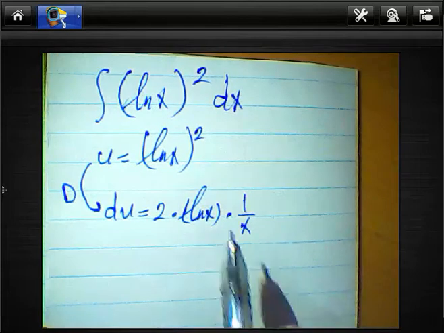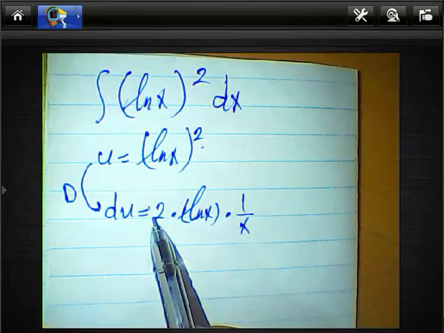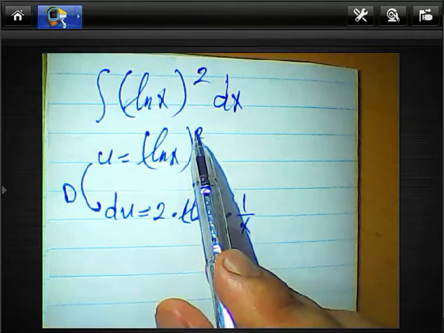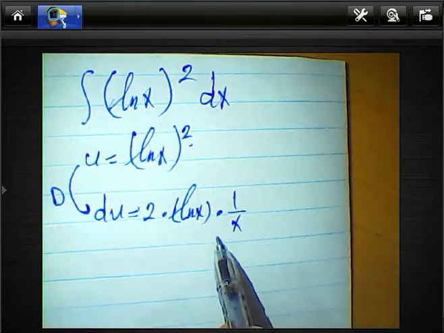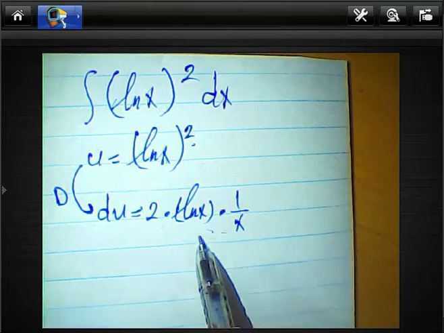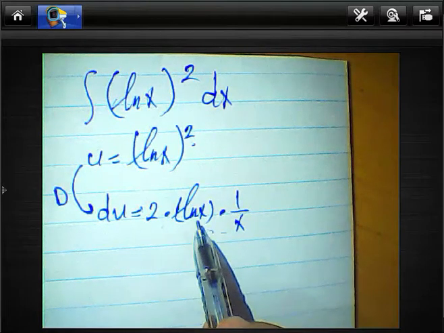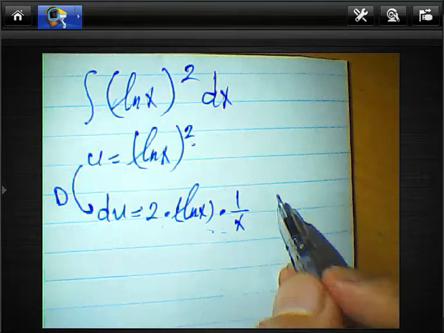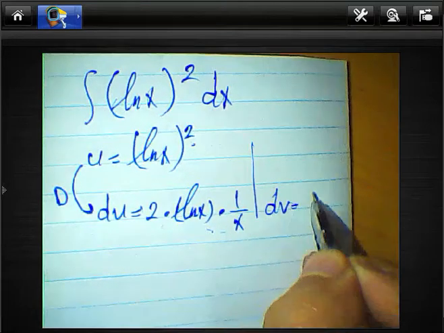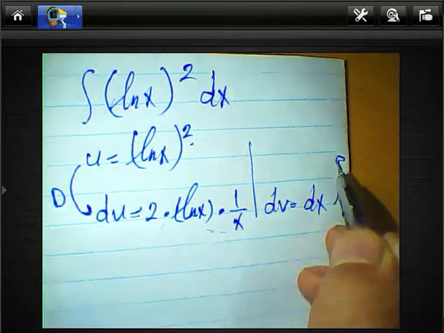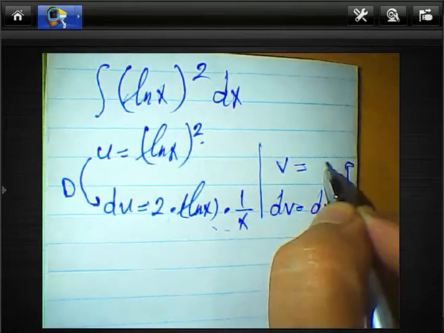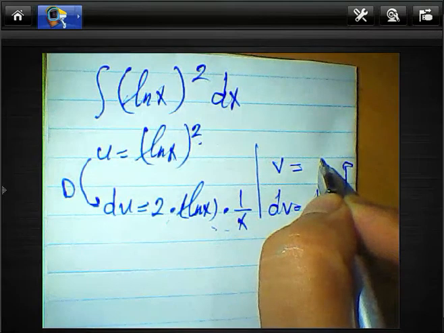Understood? We can drop the power 2 here, subtract 1 from this power, and the result will be 2 multiply ln x multiply the derivative of ln x, 1 over x. Okay, and we write dv equal dx, and the integration of this gives v equal x.